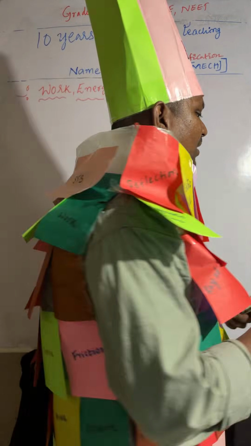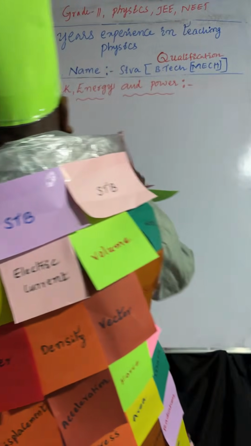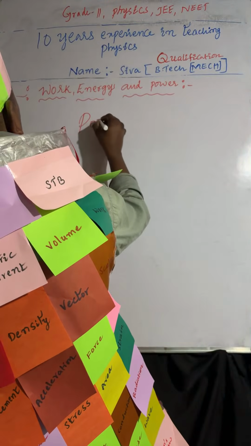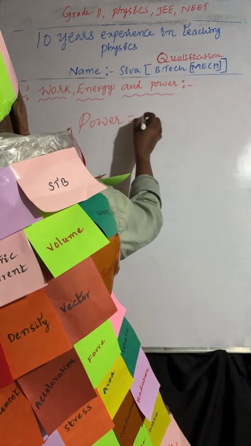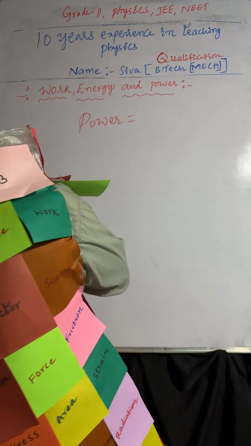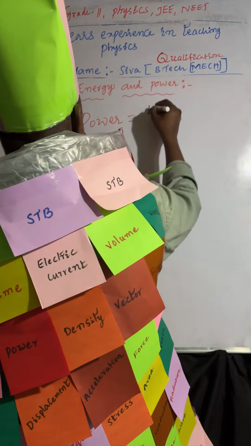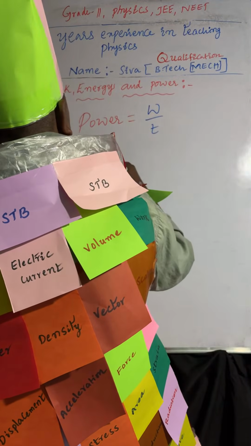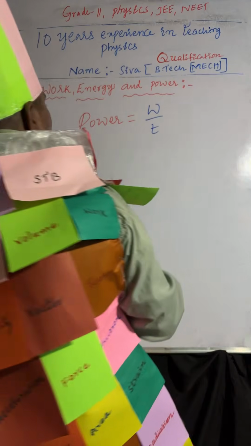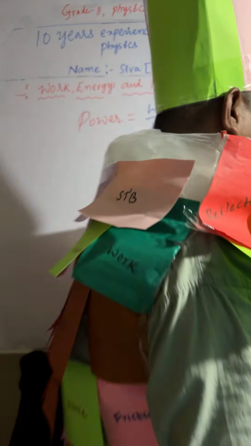Okay, now come to the point. Power. Power equal to rate of doing work. P equal to W by t. And the SI unit of work is joule.